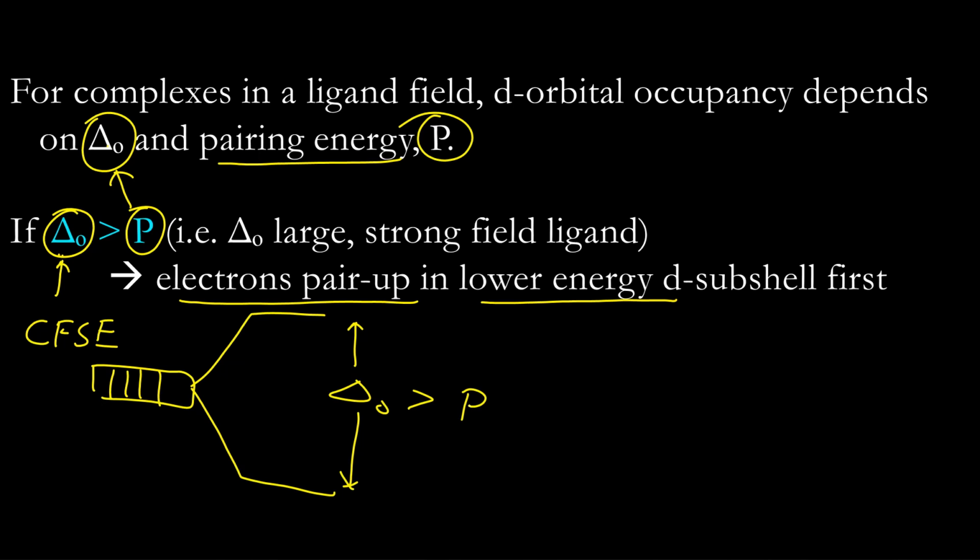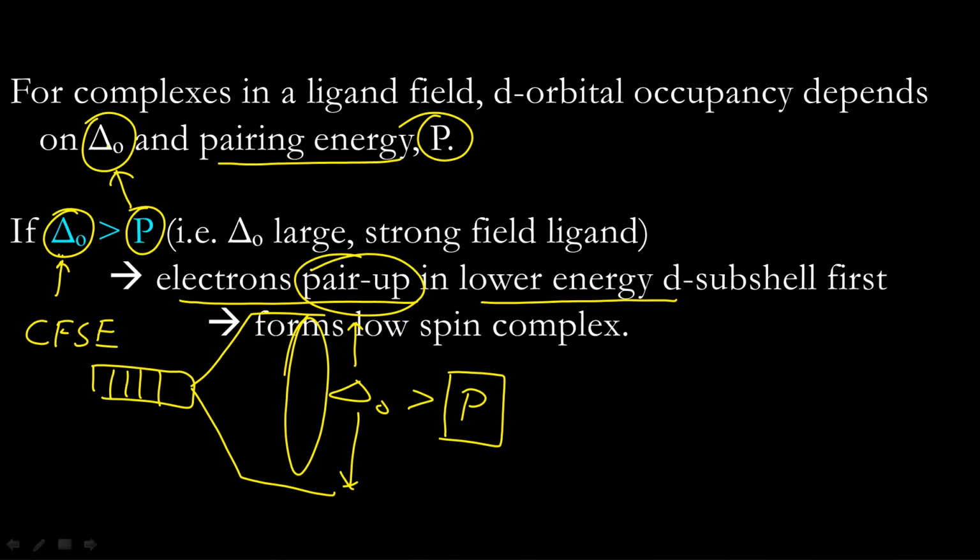So P is that much energy which will initiate pairing. If this splitting is greater than that energy, then certainly pairing will happen. So for a complex, there is pairing energy. If this splitting energy is greater than that pairing energy, then pairing will happen. So that's why electrons pair up in the lower energy d subshell first.